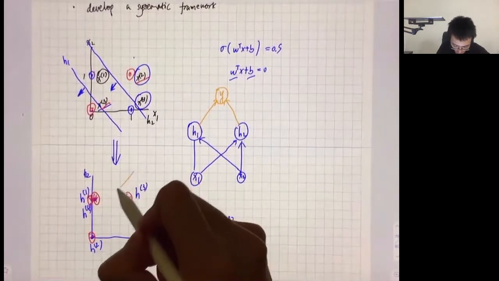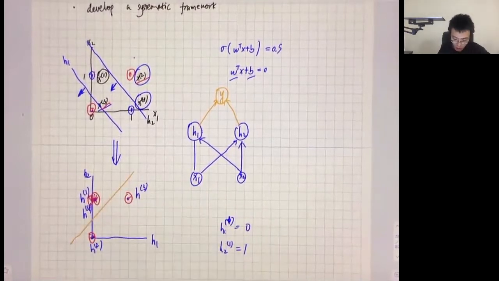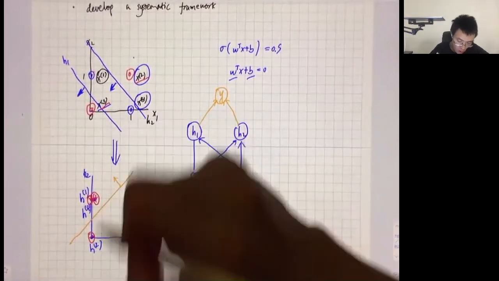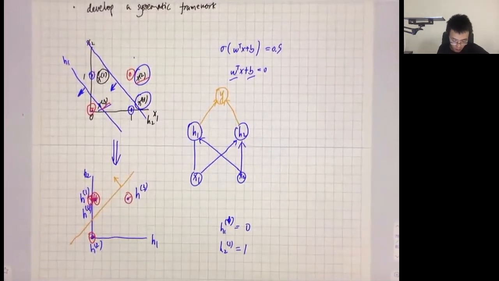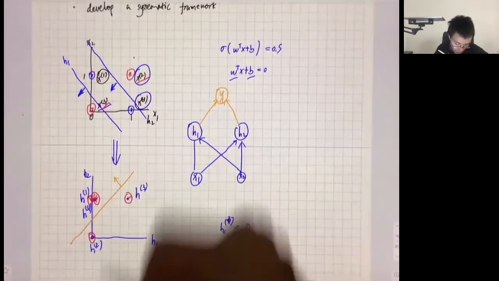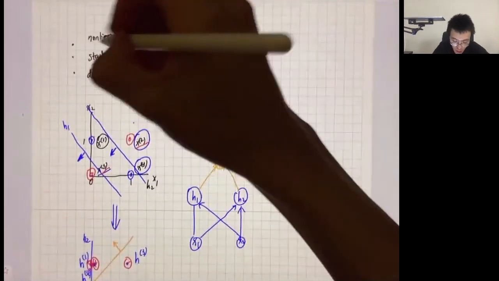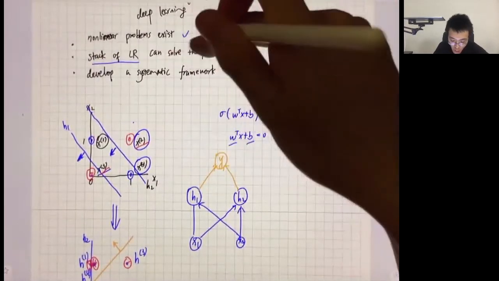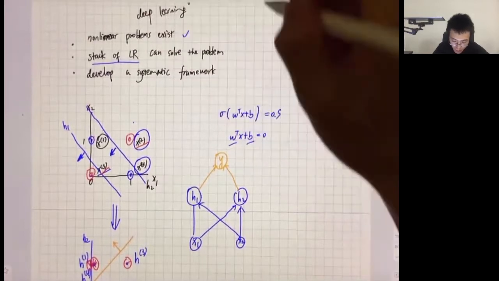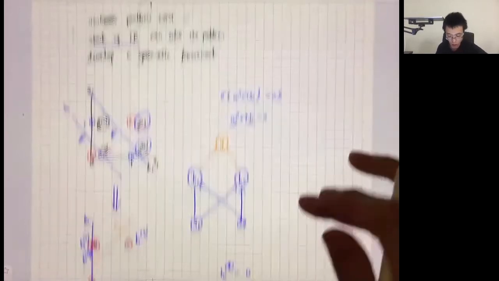So I have a third classifier, the logistic regression unit, predicting all the points in this direction as 1, and all the points in this direction as 0. Then you make a perfect prediction on these 4 samples, right? So this shows that the stack of logistic regression can solve the nonlinear problem. At least it can solve this problem, okay?